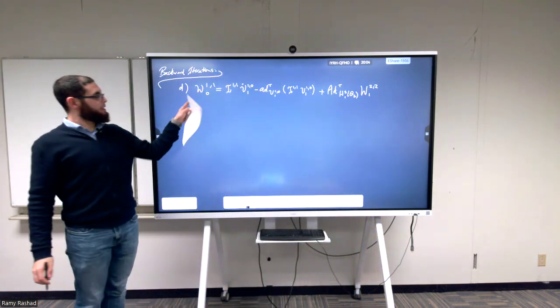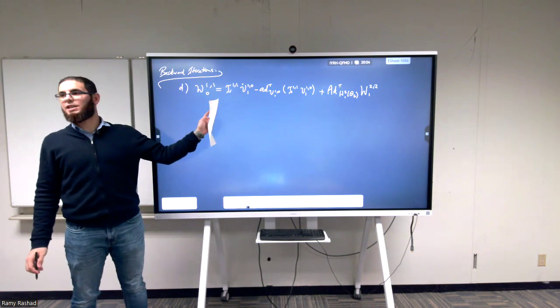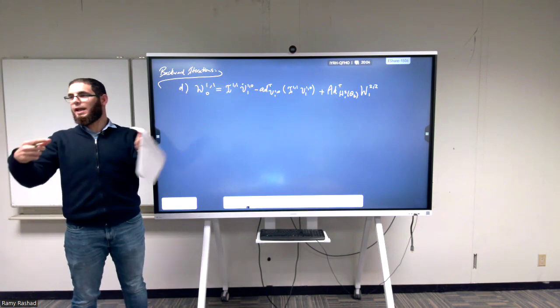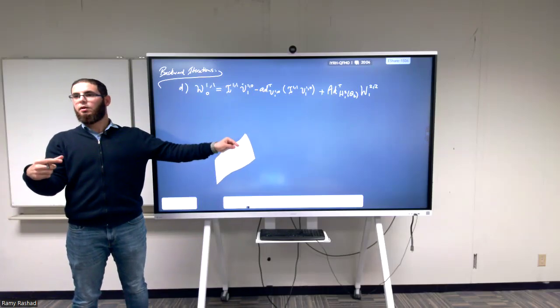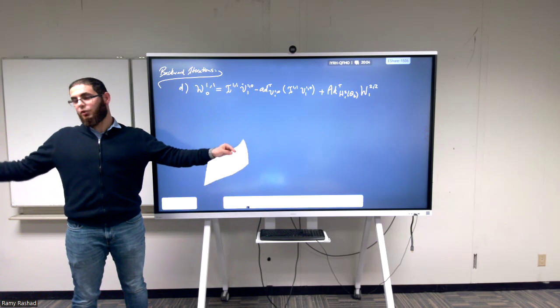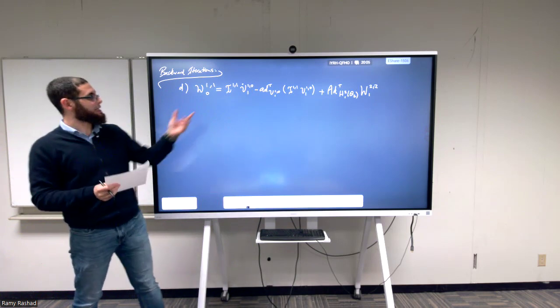You see, this was the inverse dynamic equation of the link 1, which was the link in between the fixed parent frame, which is the 0, and the 2 link.